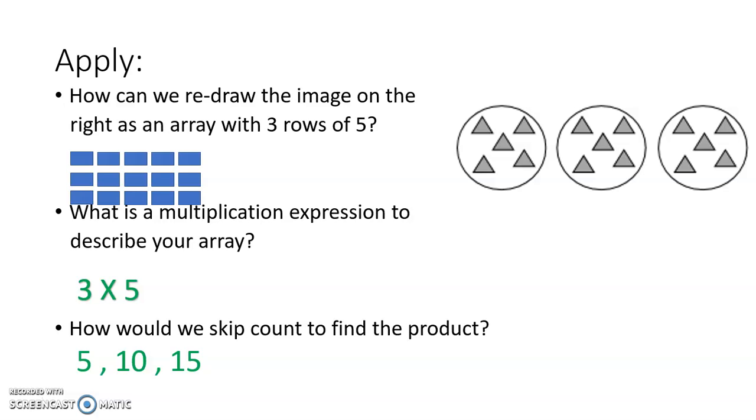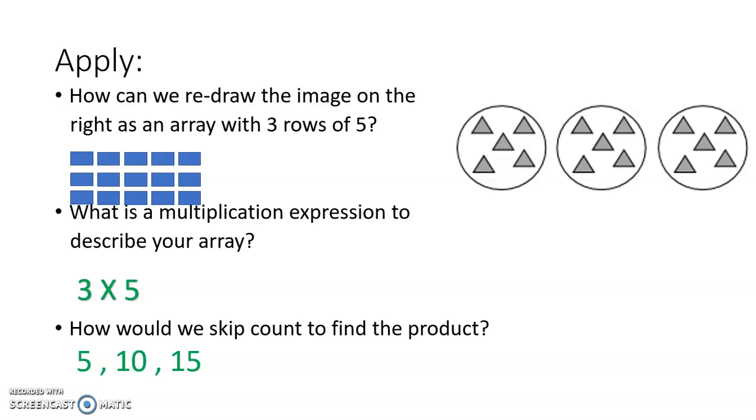So we need to draw 3 rows of 5. So again, remember, rows go side to side. Columns go up and down. So if we're going side to side, there's going to be 3 rows with 5 rectangles in each row. So that's what I've done for you. Now I'm going to ask you, how many do we have all together?